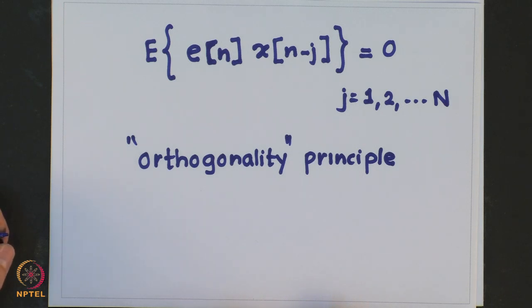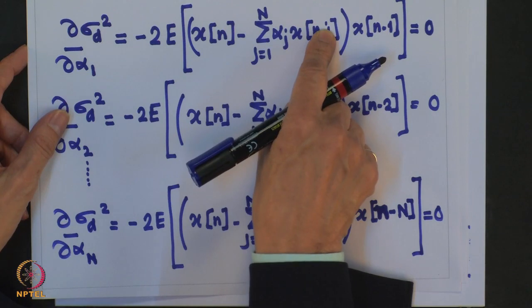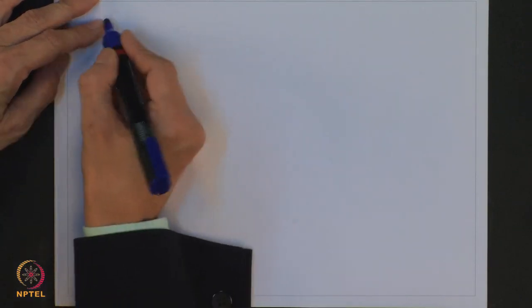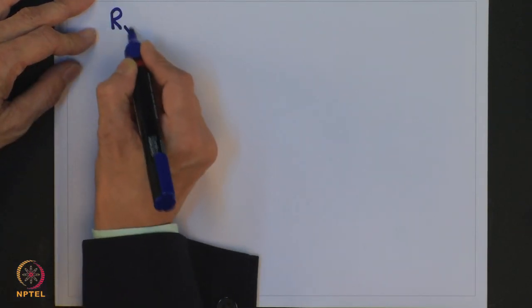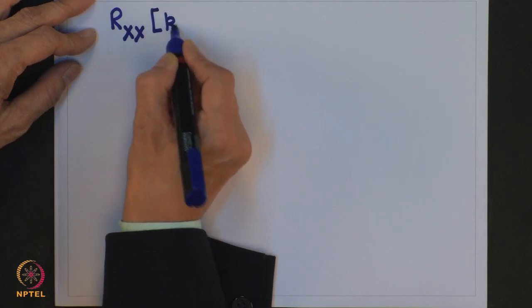Now, taking the expectations here, E will go inside. We can rewrite this equation, but before we rewrite this equation, let me define the autocorrelation as follows.